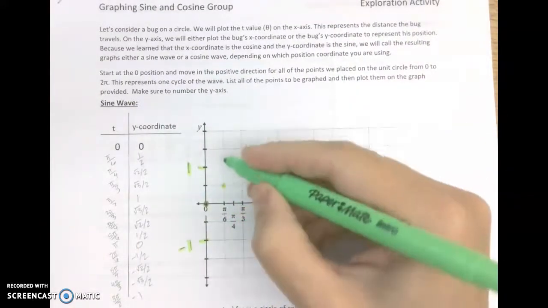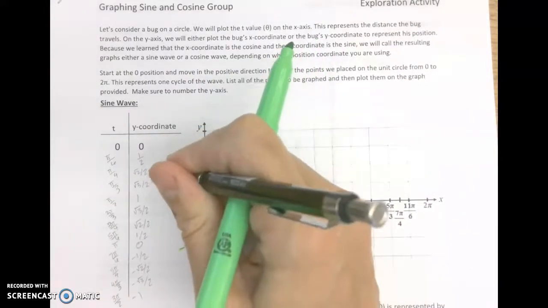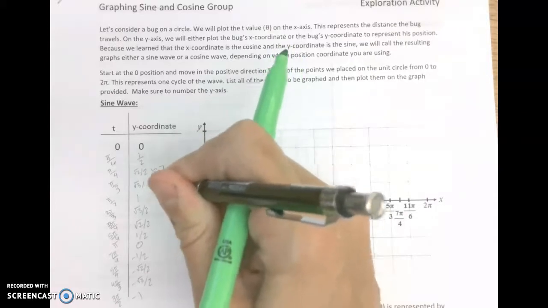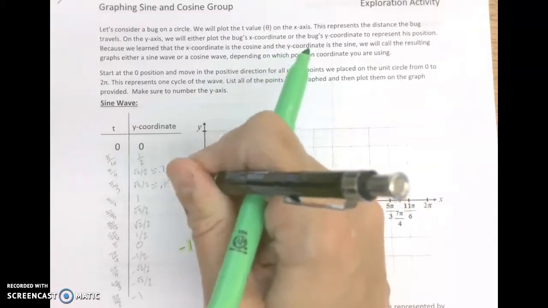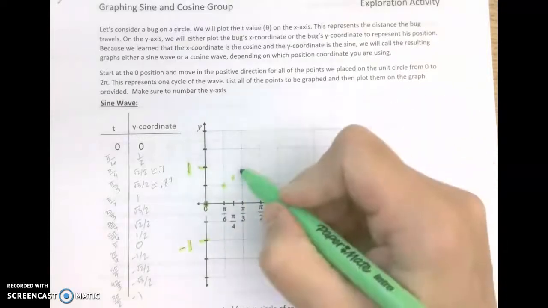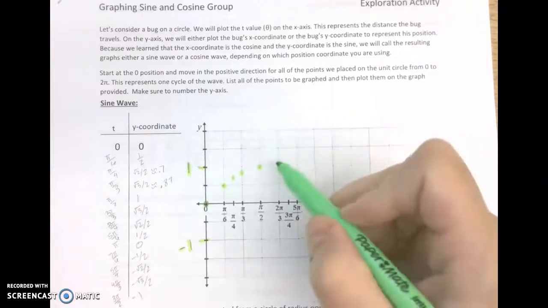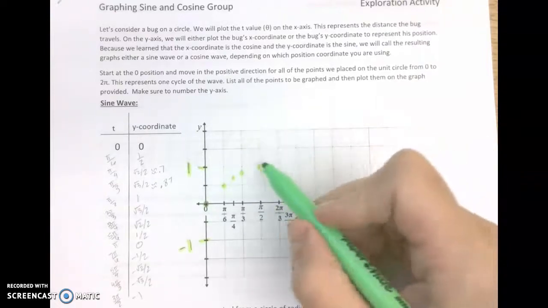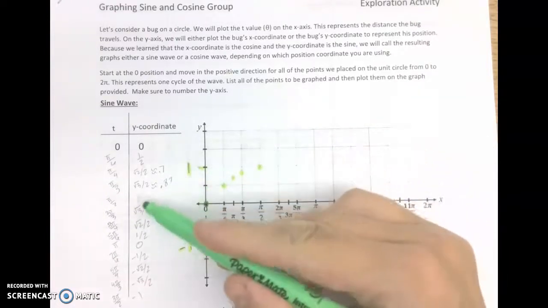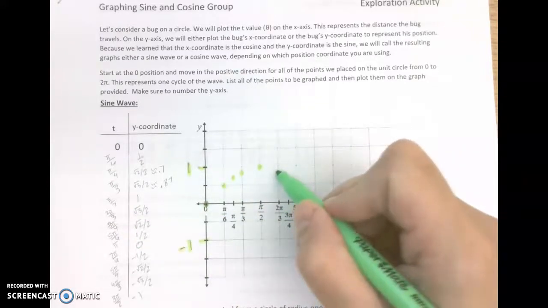Then at pi over 4, we are at square root of 2 over 2, which is approximately 0.7. And this one's approximately 0.87. Then pi over 2 is at positive 1. 2 pi over 3 is the square root of 3 over 2, which is about 0.87.